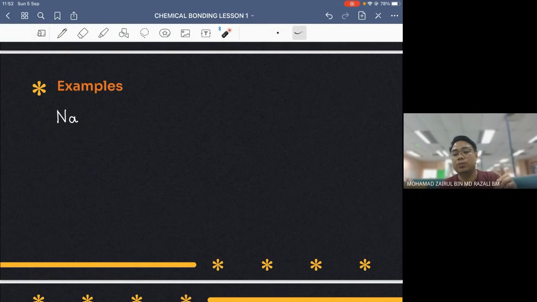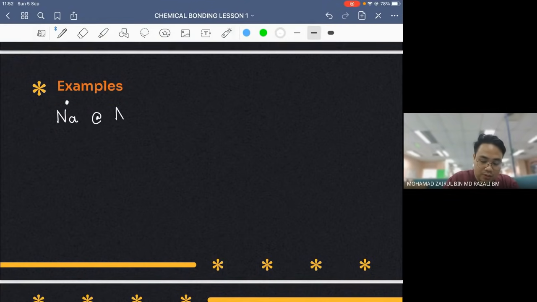Since sodium only has 1 valence electron, we can either draw 1 dot ataupun we can draw 1 cross to represent the number of the valence electron. So maknanya kalau elemen tu ada satu valence electron, dia hanya ada satu dot ataupun satu cross.